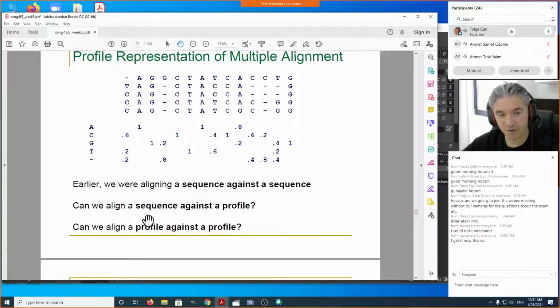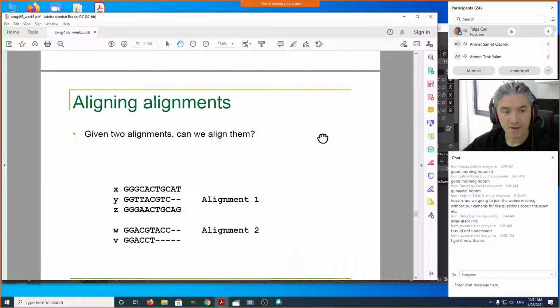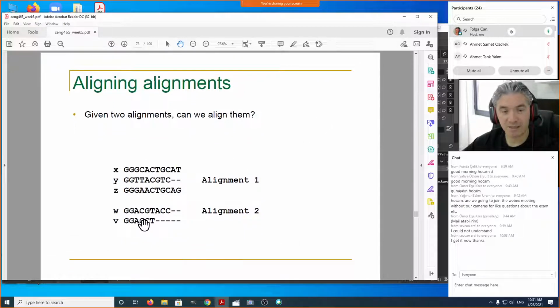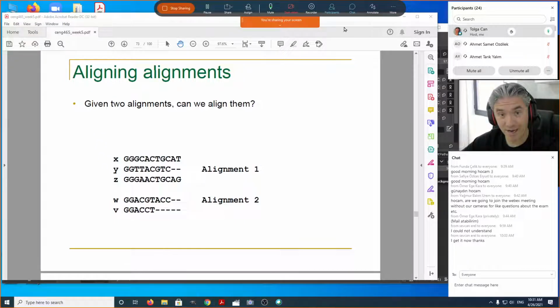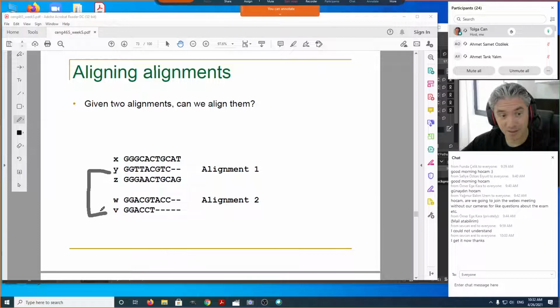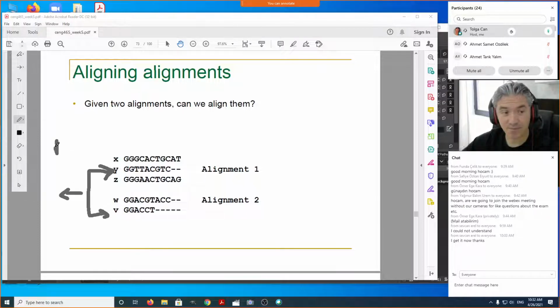So we can align a sequence against a profile, or a profile against a profile, using dynamic programming. Now, given two alignments like this, can we align them with each other? Yes, we represent the first as a profile, and the second also as a profile. Combining these two alignments into a single alignment is nothing but pairwise sequence alignment by dynamic programming.